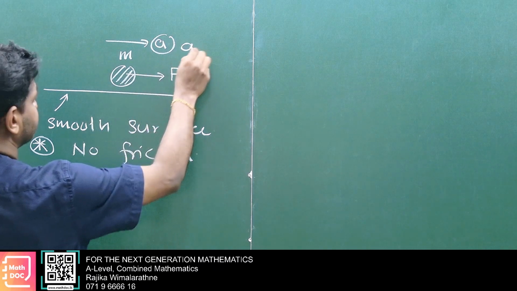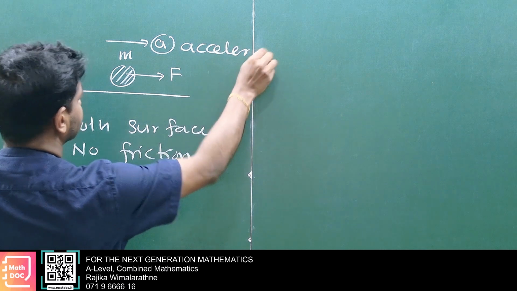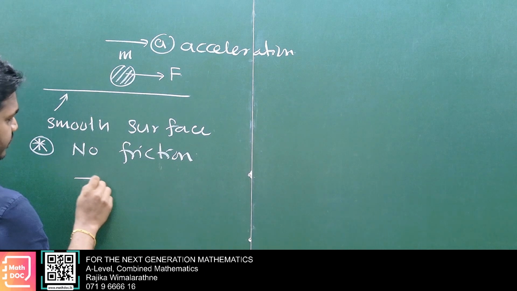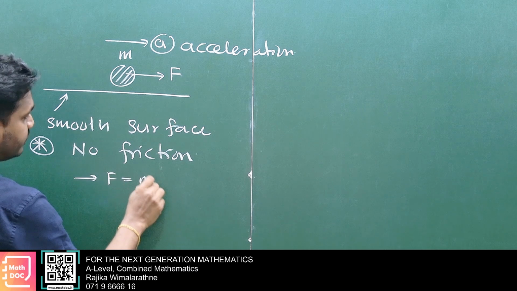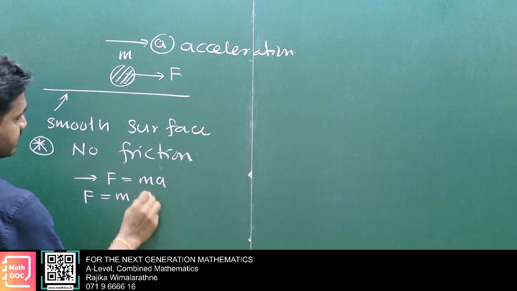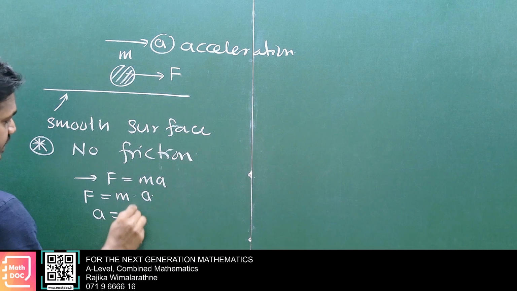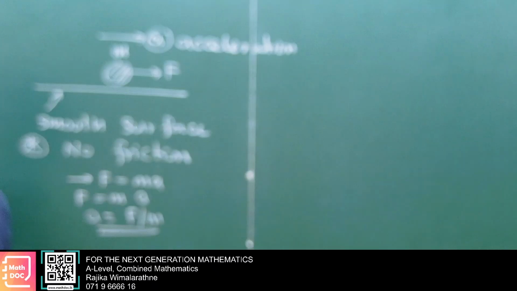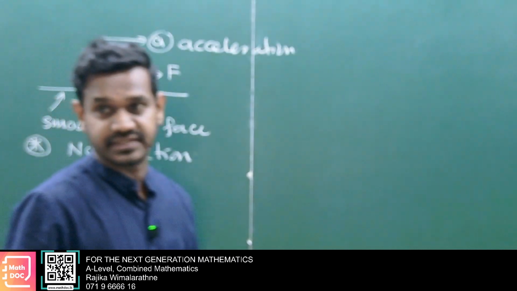Using F equals ma, Newton's law, F equals mass times acceleration, so a equals F divided by m. There will be an acceleration.